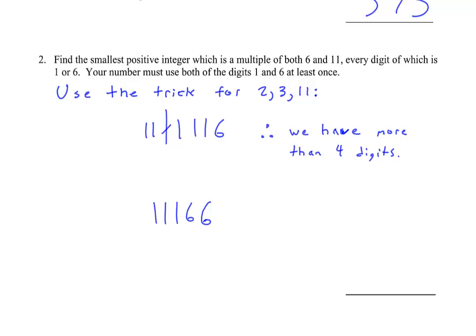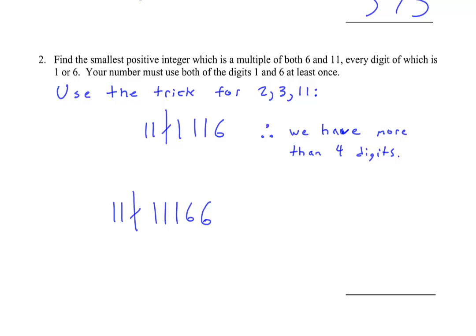So this number could work in terms of divisibility by 2 because it ends in a 6. It could work for divisibility by 3 because the digits add up to a multiple of 3. In this case, 6 plus 6 is 12, plus 1 plus 1 plus 1 is 15, a multiple of 3. But it still doesn't work with 11. So adding up the digits alternating the sign just doesn't work.